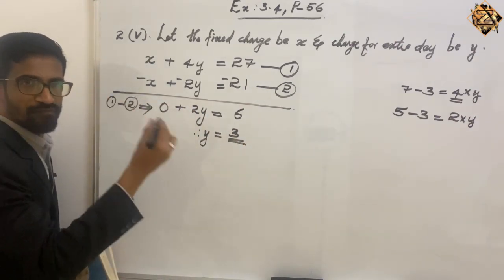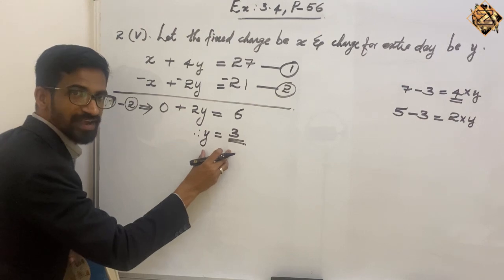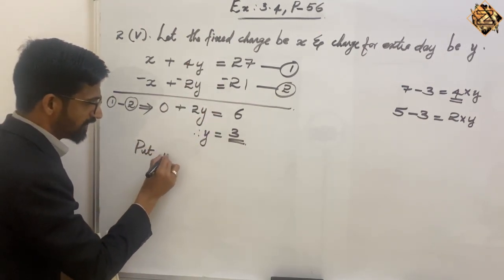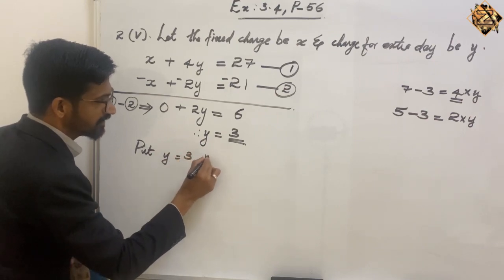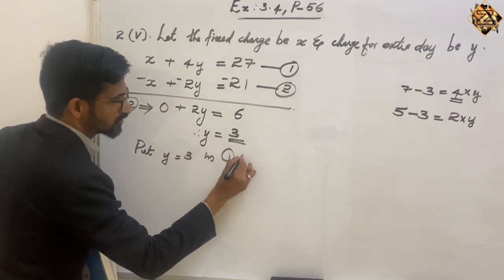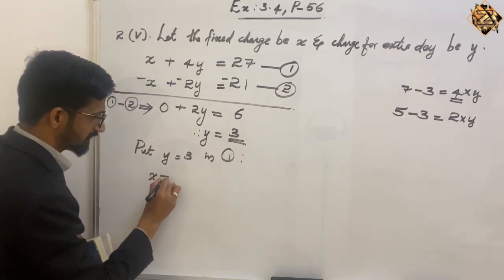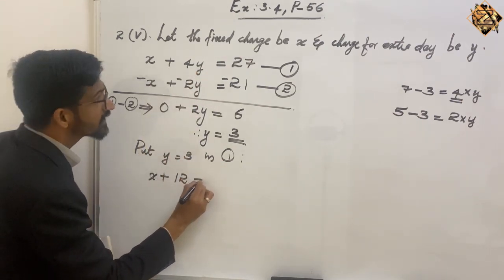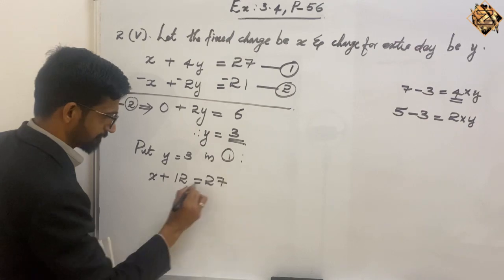Now to get the value of x, substitute this value of y in any of these equations. Put y equal to 3 in equation 1. We get x plus 4 into 3, that is 12, equal to 27.